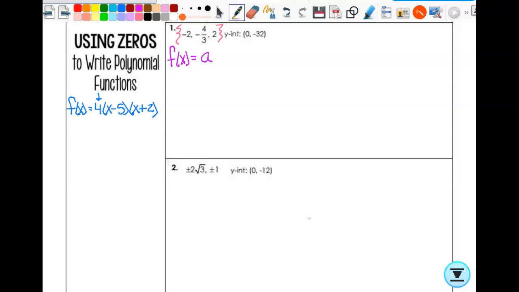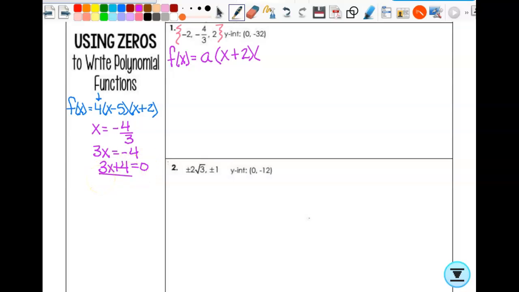I can go ahead and put the factors in from my zeros. Since the factors are always x minus c, this negative 2 would give me x plus 2. Good. Is my next one going to be x plus 4/3? No. If you need to write it off to the side, I would multiply both sides by 3, so 3x equals negative 4, so 3x plus 4 would equal 0.